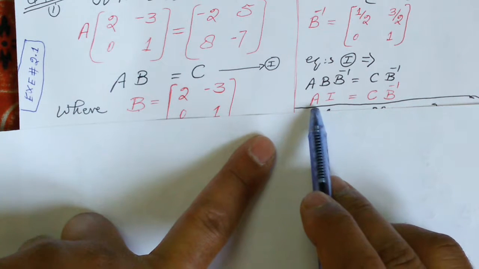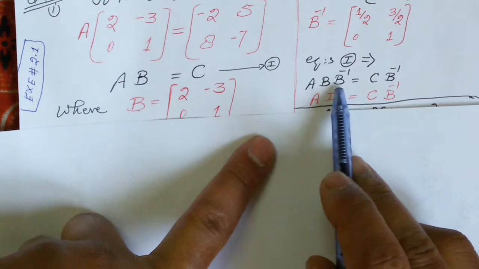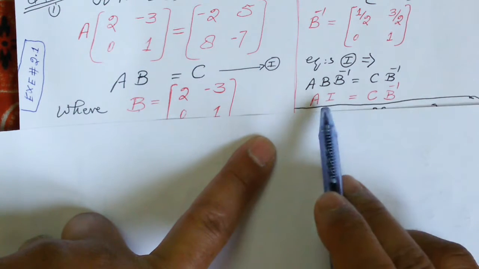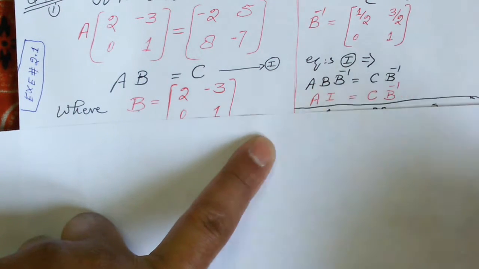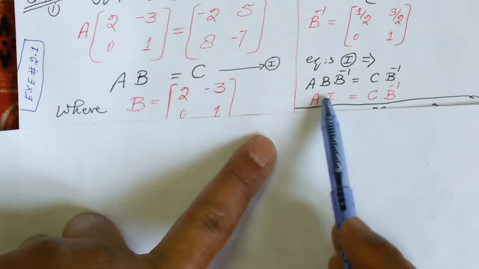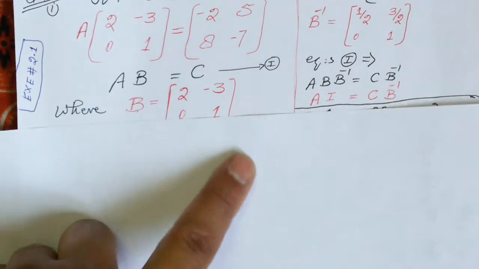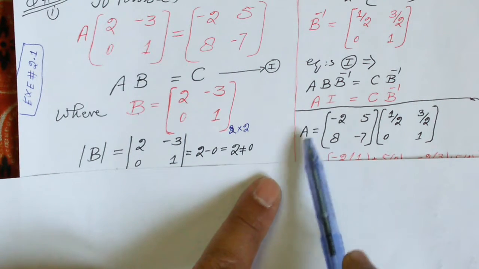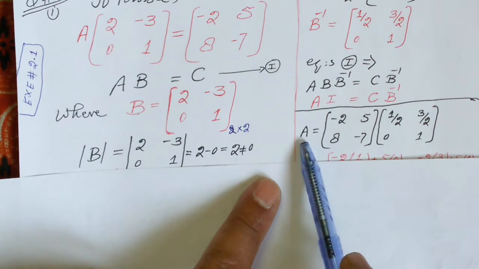So B multiplied by B inverse is the identity matrix, and this is the property of the identity matrix: when we multiply any matrix by the identity matrix, we get that matrix. In this case, the matrix is A, so we get A.